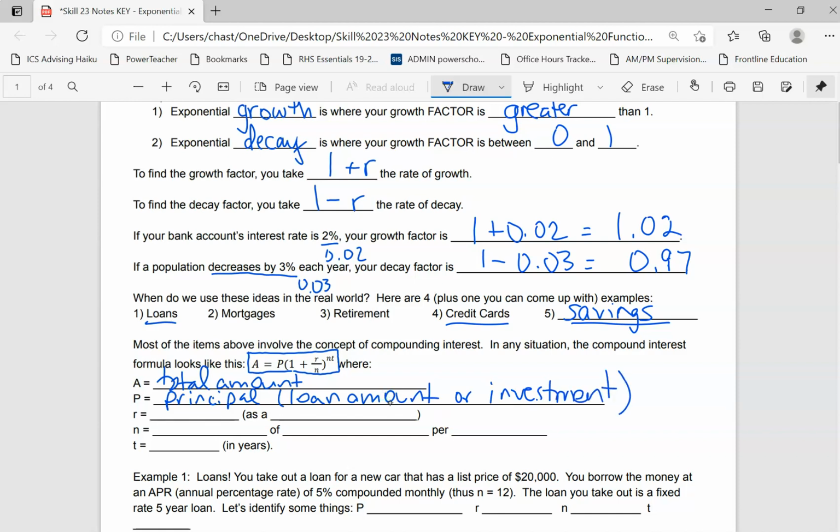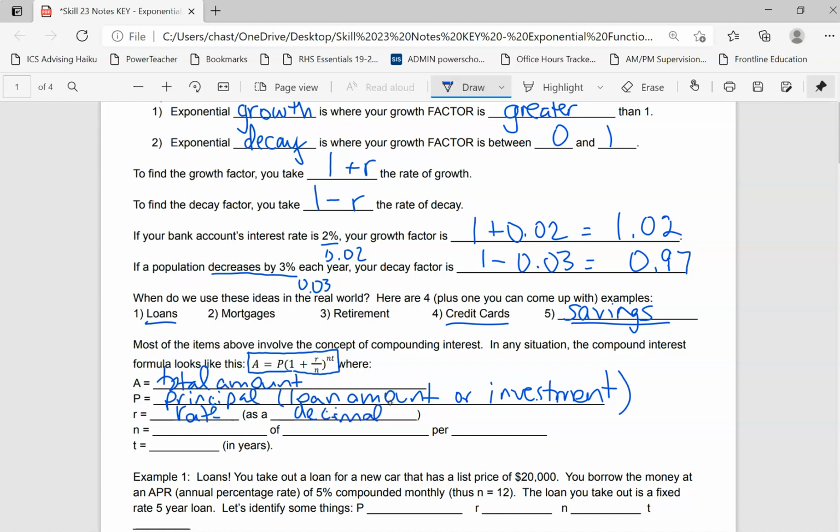If we're talking about a loan, that would be how much you want to borrow. So if that car is $10,000, you're borrowing $10,000. If you are making an investment, like a savings account, I'm going to put $1,000 into my savings account, and then I'm going to watch it grow. R is going to be your rate, and we have to write that as a decimal.